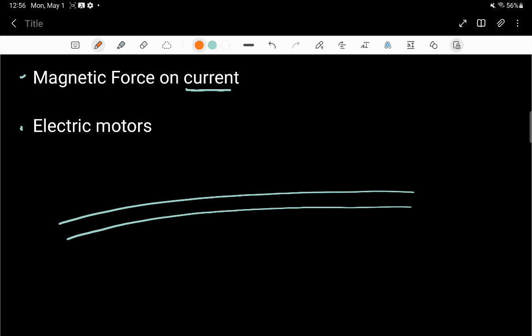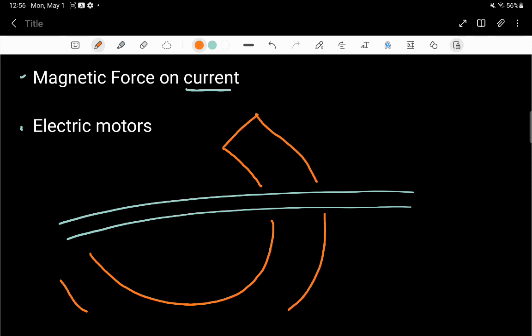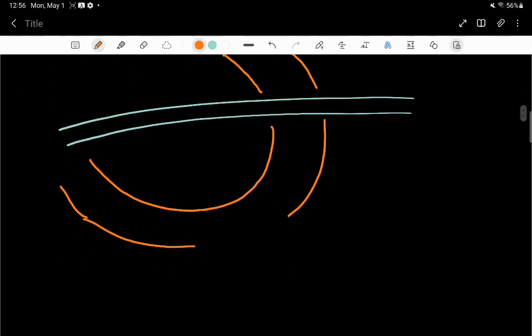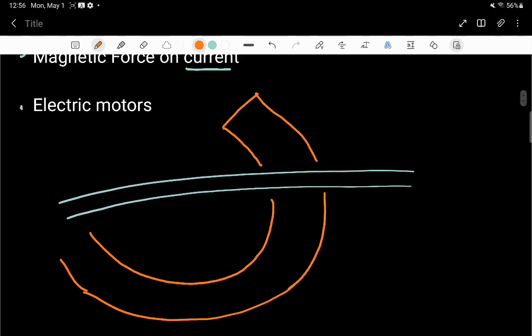So let's make the situation of a magnet. Let's say that this right here is a horseshoe magnet. Being a horseshoe magnet, let's make this the north pole and this the south pole.